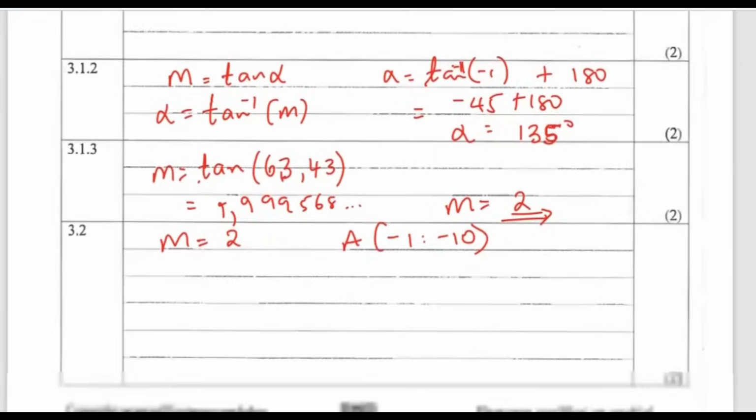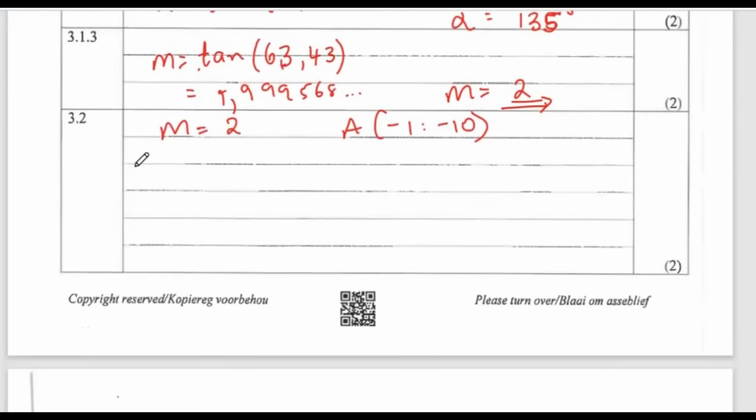There are two ways of doing this. Some people prefer using the mx plus c format, where they substitute the m and these points and get the value of c. So let's see. Where there is x, I'm going to put a -1. Where there is y, I'm going to replace with -10. So -10 is equal to m, which is 2, times -1 plus c.